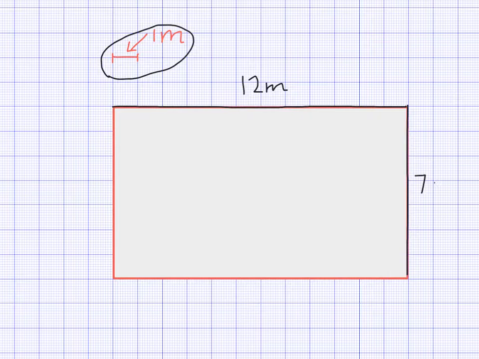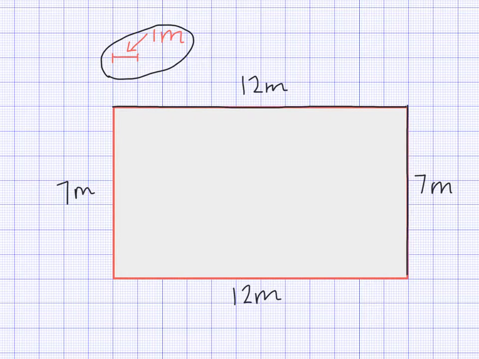The length of this side is 7 metres. You should then know that the opposite sides on a rectangle will be the same length, whether you need to measure them again with the ruler, use the squares to help you, or whether you know that.